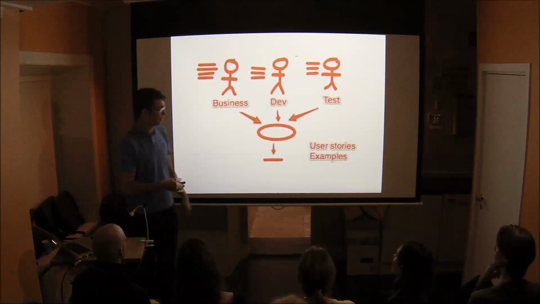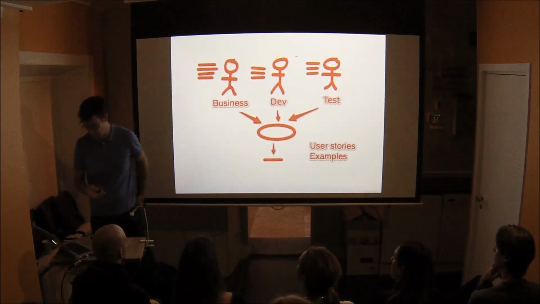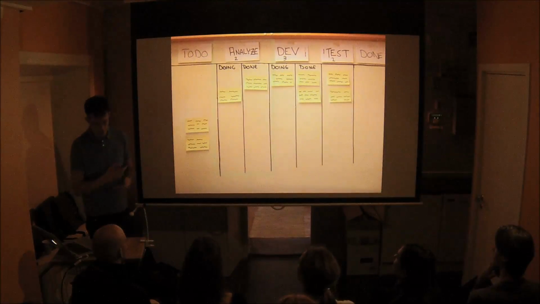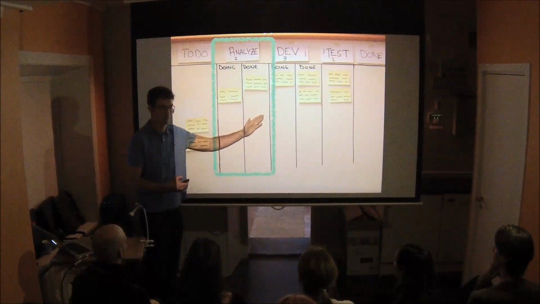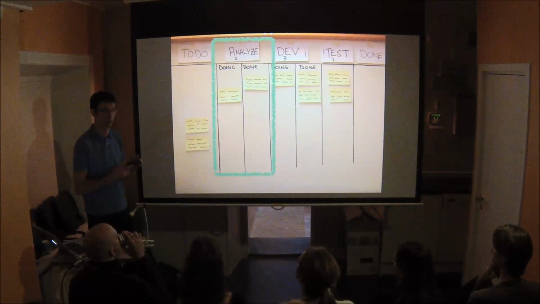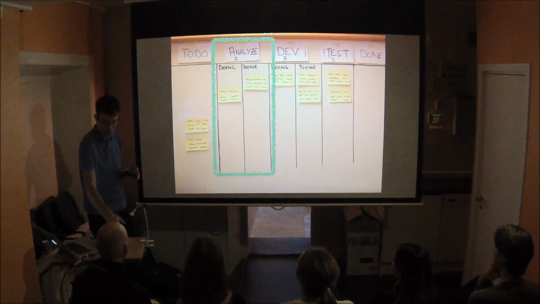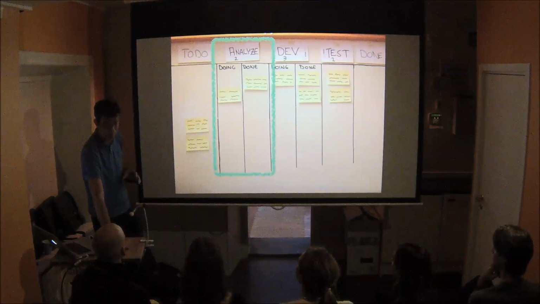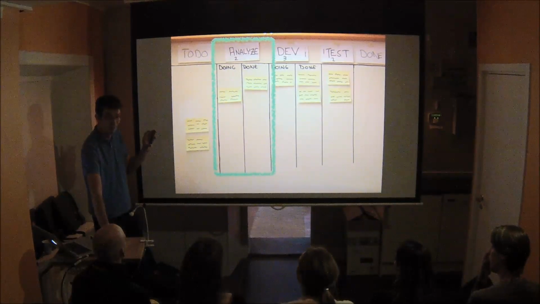And they meet up together and create maybe user stories and examples. We'll take a look at that in just a moment. And we want to do that just in time, just before we start to do development, because requirements have a tendency to rot pretty fast as well. If I write a requirement today and put it on the table here, who would dare pick it up in just 3 months and start working on it? I wouldn't.